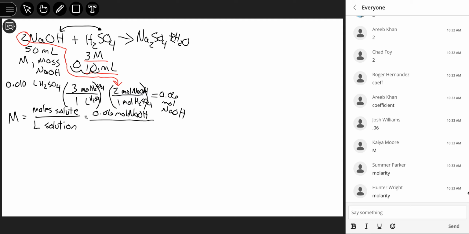How many liters of solution do we have? Yeah, good. And the solution that it's referring to when you do molarity is the solution of stuff that's dissolved. So we don't want the total solution of sulfuric acid and sodium hydroxide. We just want the sodium hydroxide solution, because that's all we're interested in.